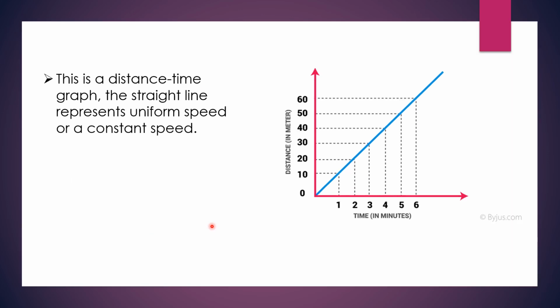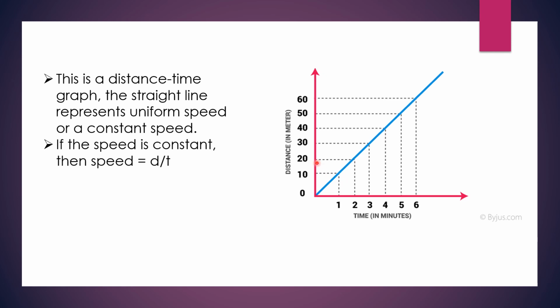If I see this graph and the relation between two variables, distance and time, is a straight line coming from the origin point, then this is a uniform speed. If this is a uniform speed, then I need to choose 2 points.